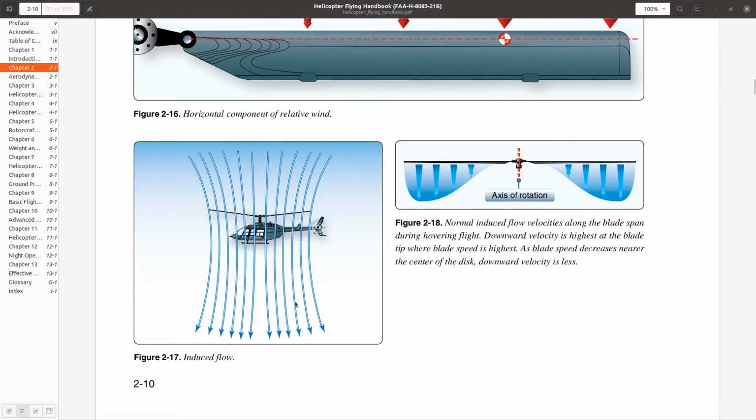So if I'm just going straight up or hovering in the air out of ground effect, the airflow is going to look kind of like this. When I'm hovering, you'll see the velocities, they're going to change a lot. As I get closer to the tip, it's going to be strongest. Makes sense. This is going faster, producing more lift, so it's going to have more of a downwash.